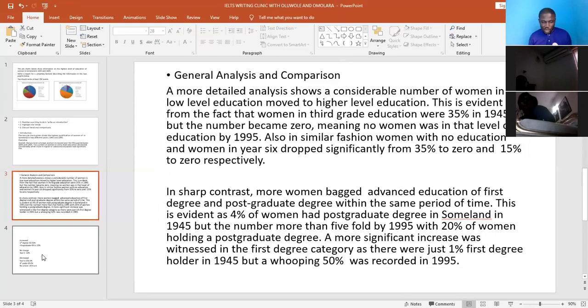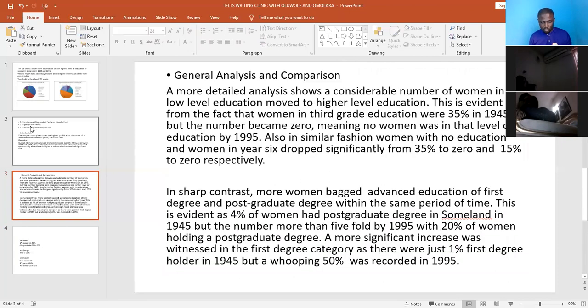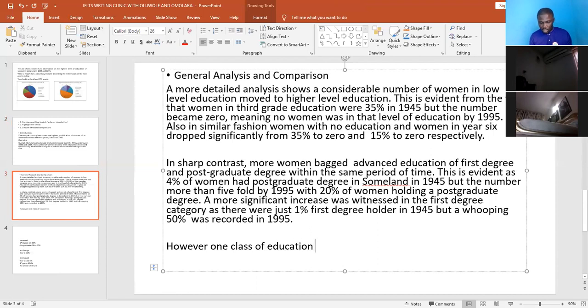So there is only one category left. Okay, however, so I want to write the final one now. So I say, however, one category, okay, I've used category many times, one class of educational level, they do not change within the period of 50 years.